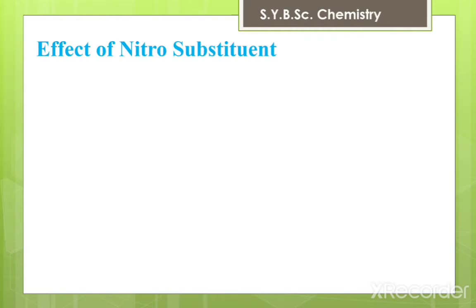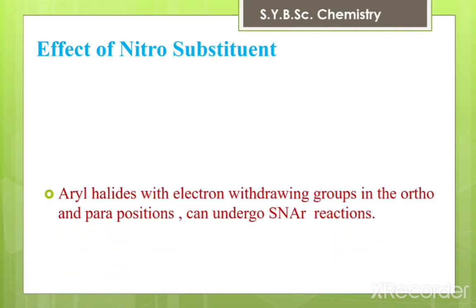SN1 reactions are theoretically possible but not generally observed, as the formation of the aryl cation is not energetically favored. Aryl halides with electron withdrawing groups in the ortho and para positions can undergo SNAr reactions.